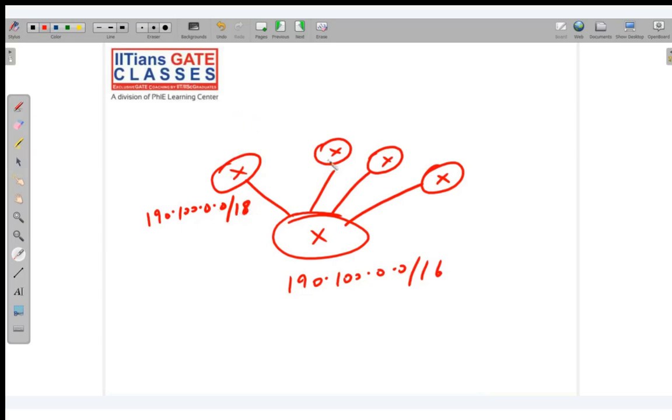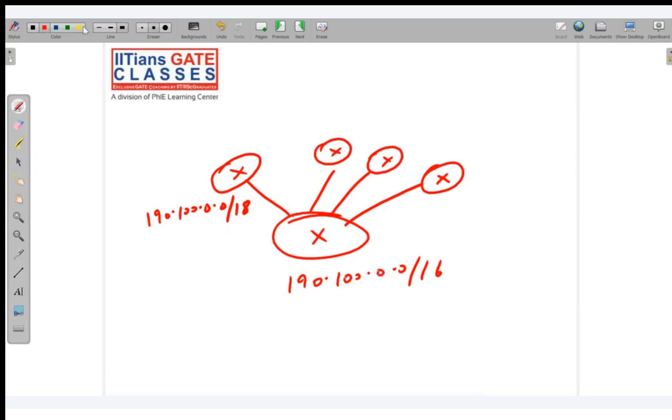Now what about this? Forget everything and just tell me this block is divided into 4 organizations. So this is the first address of the first organization. And what will be the first address of the next organization? You have borrowed 2 bits, from where? From this octet, the first 2 bits of it. Please let me know if you are facing any difficulty. Yes, sir.